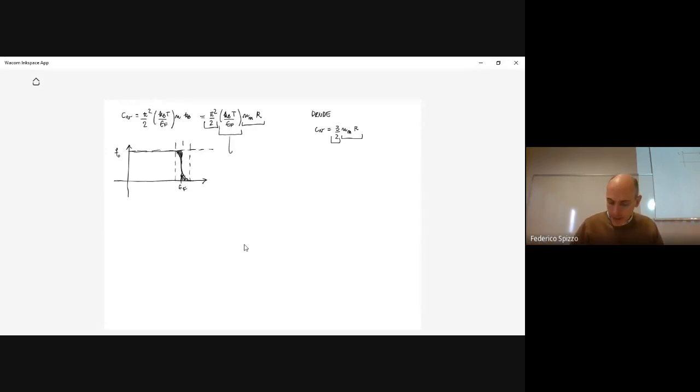So this ratio is the interval of energy affected by T, so by the temperature, divided by the overall range of energy where the electrons are observed.